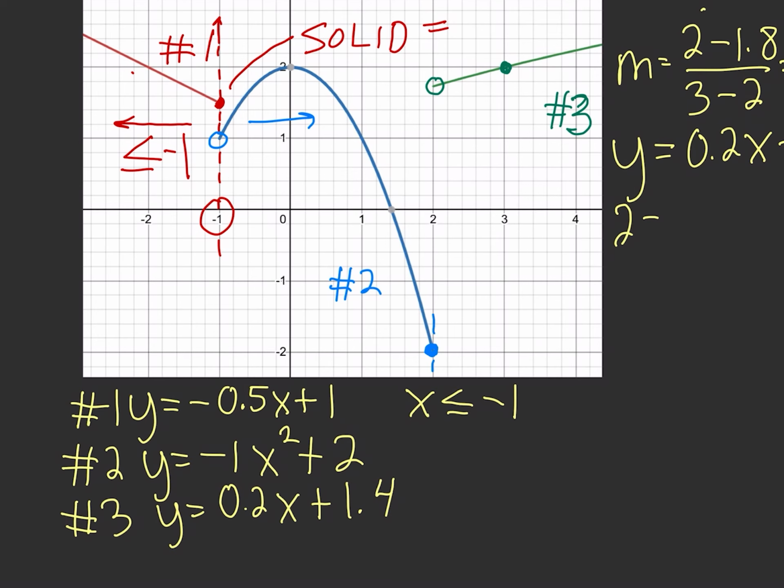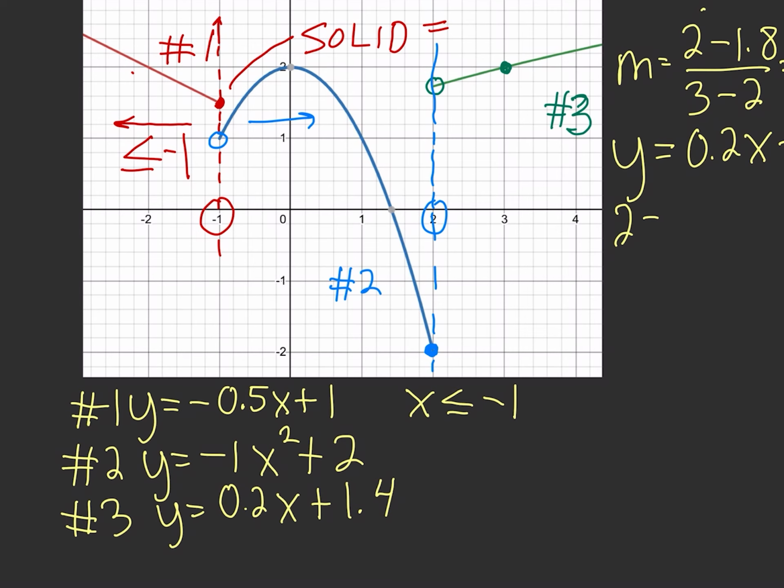Moving on to the blue one, I want to take a look at the regions that it exists in. We already know that it starts at -1, just past it, and where it meets up with the green one, even though they don't touch, the blue one has its last coordinate at 2 for x, and the green one has that open circle right above it at 2 for x.